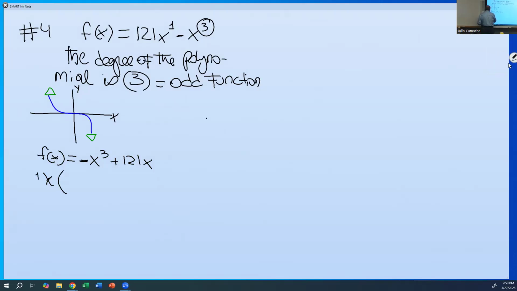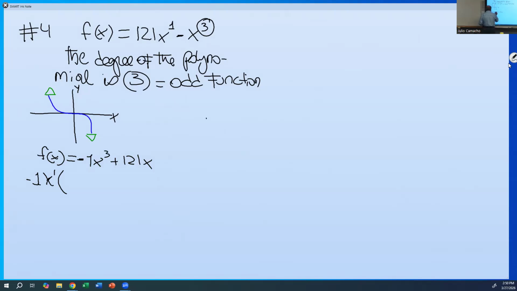And remember there's a 1 to the 1 power, there's another 1. And there's a negative x, it's a negative 1. So when you have a negative, sorry for that, let me do this again because it doesn't look very clear. Negative 1x cubed. Yeah, that's better.